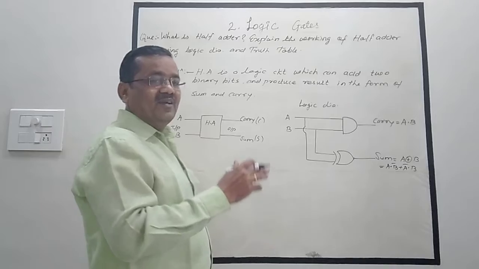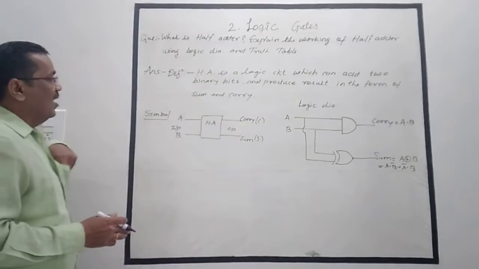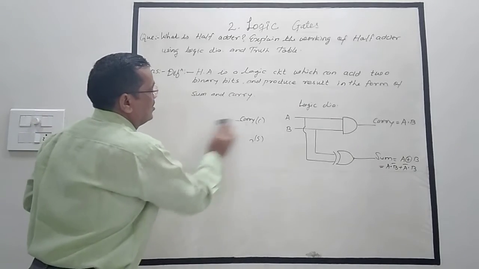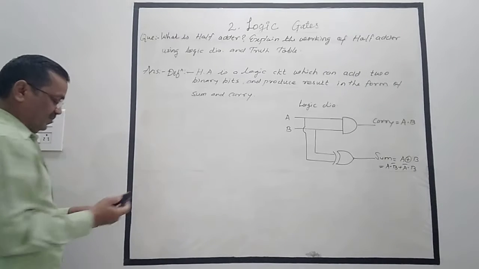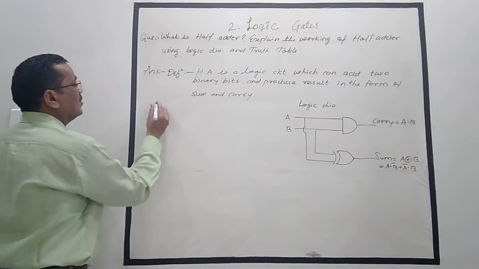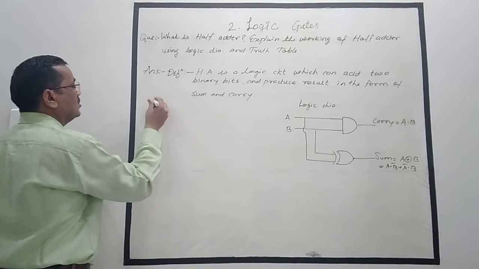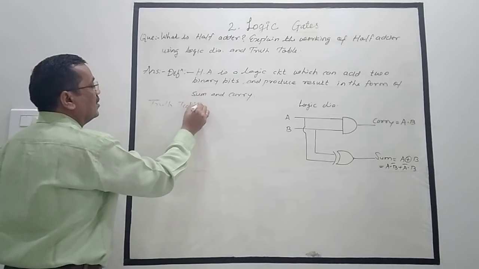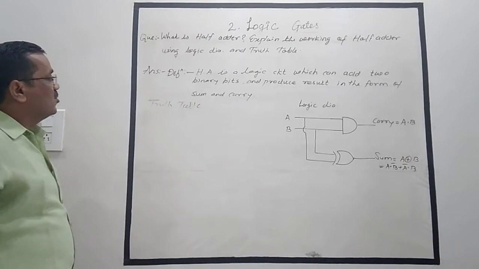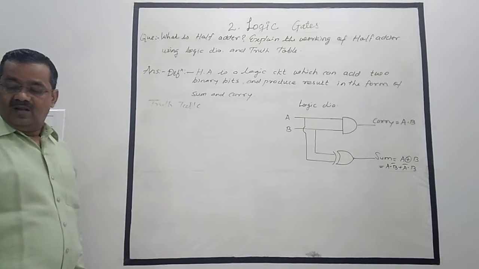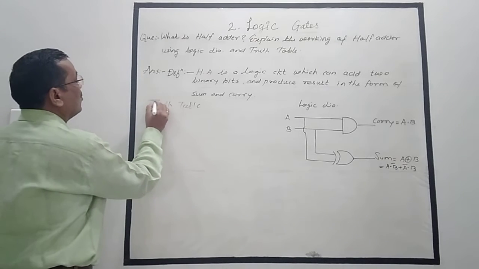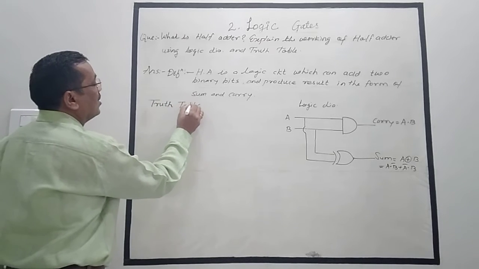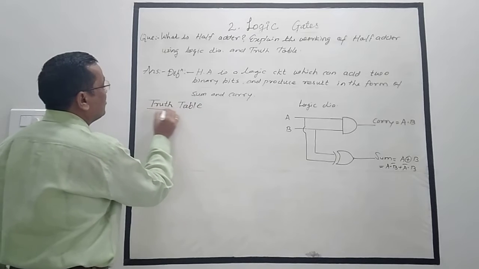Then write the truth table and working. A truth table is a table which shows the output for different combinations of input.